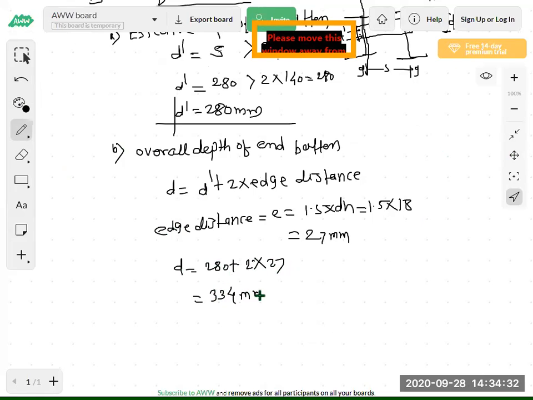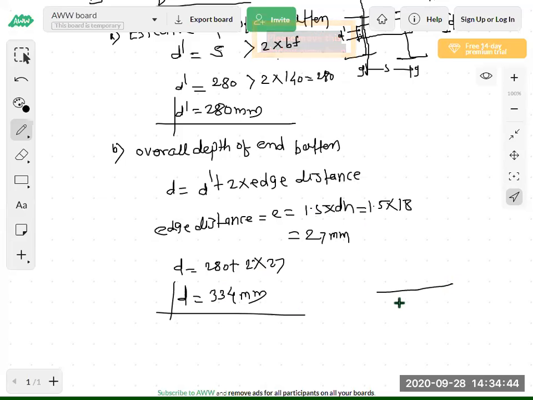So small d is 334 mm. It means the overall depth of the batten. We have used the depth as 360 and the width here is 334. Are you getting?